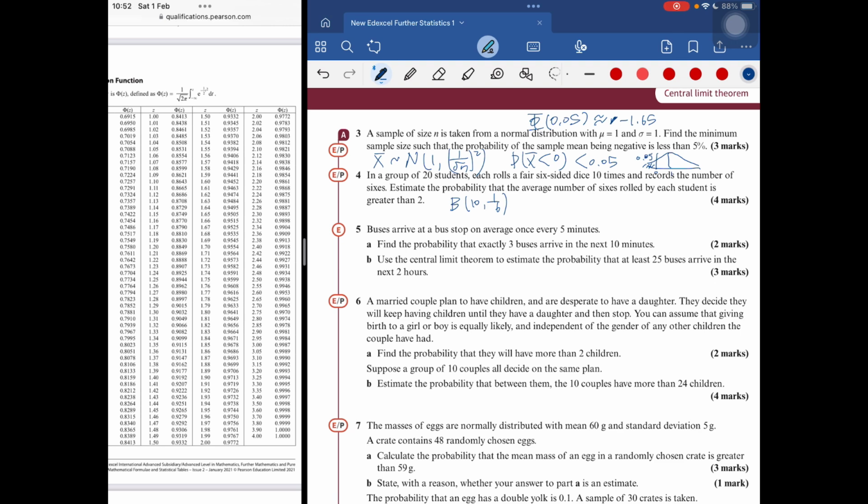So mean is 10 over 6 and the variance is 10 over 6 times 5 over 6, so 50 over 36. So this is the mean and standard deviation here.